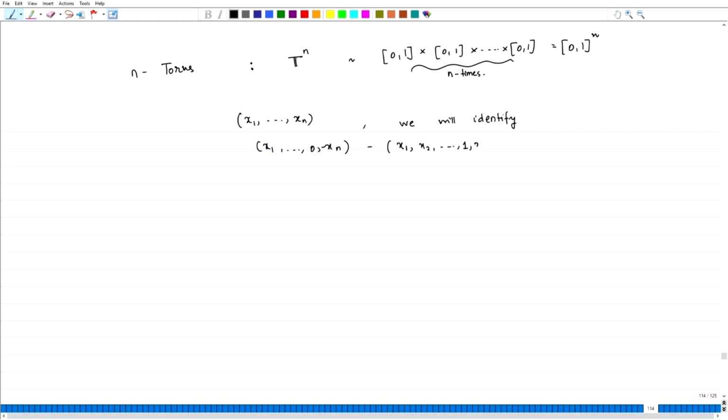Whenever 0 and 1 appear in the same coordinate, the points are identified.